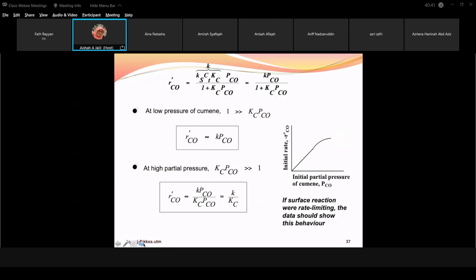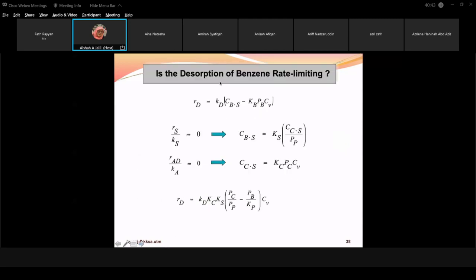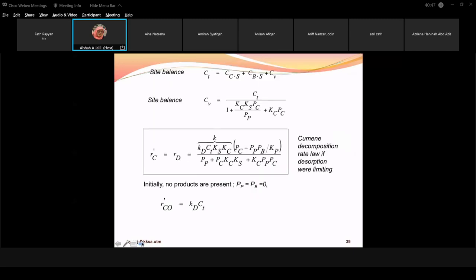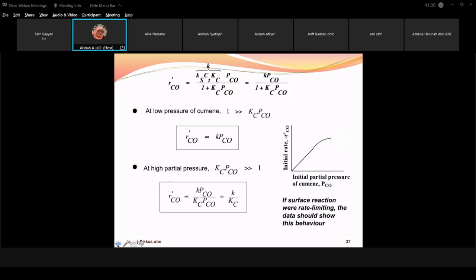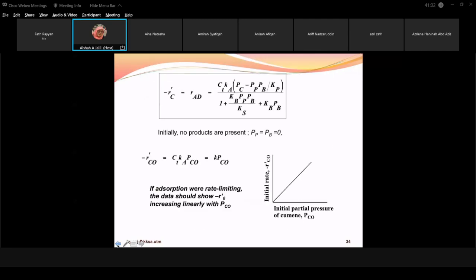Okay, and then the same goes for the desorption. You do the same steps, and if desorption were the rate limiting step, the data should show like this. So you can see this is the graph for the adsorption step.